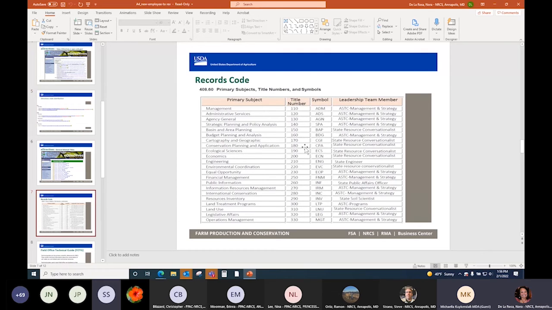So the numbers that you saw on the previous slides indicate who will get it amongst the leadership members, management, the 110s. If you see something like 230, normally civil rights, but management and strategy will normally see that anyway.